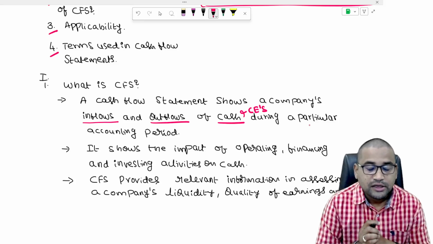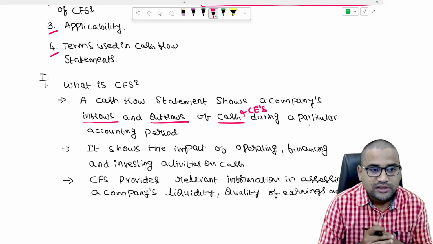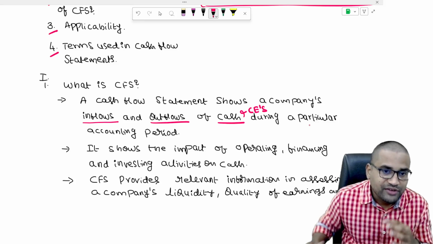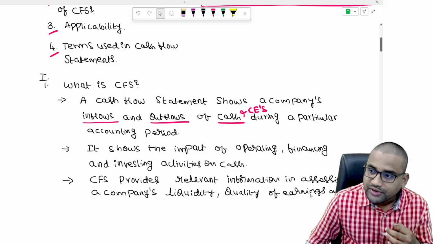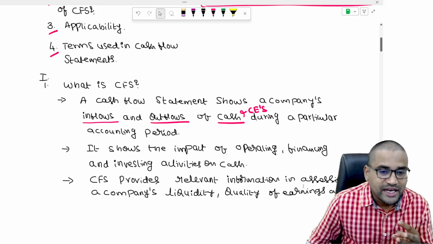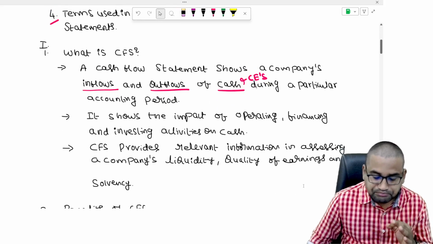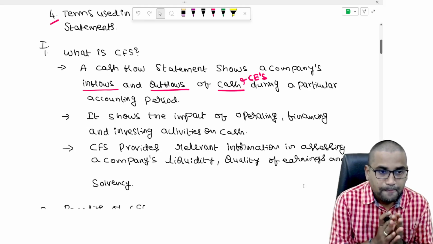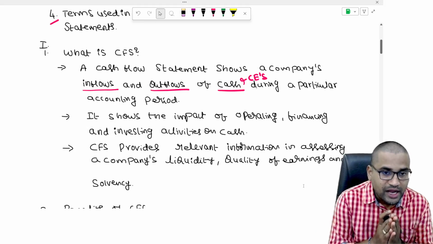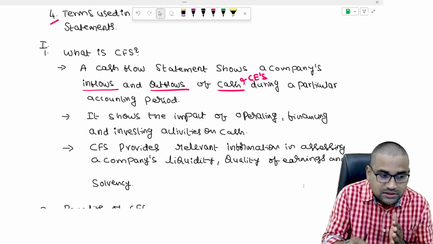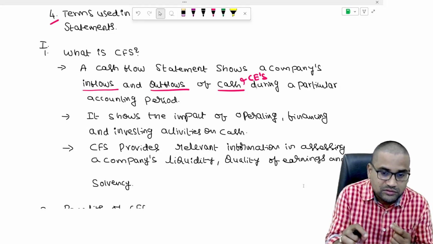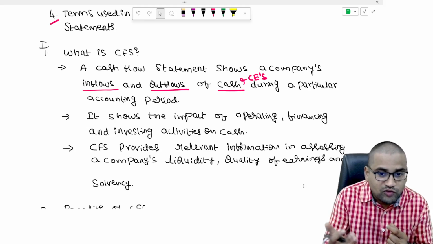Now, according to AS 3, the entire cash activities are divided into three categories: operating activities, investing activities, and financing activities. As per Accounting Standard 3, the item must involve cash and cash equivalents, either an inflow or an outflow.